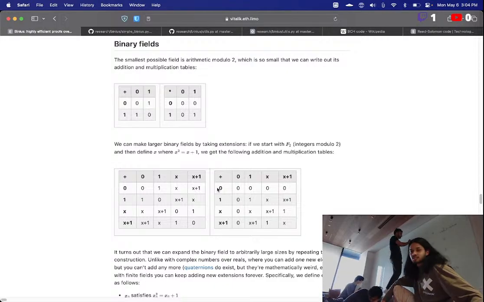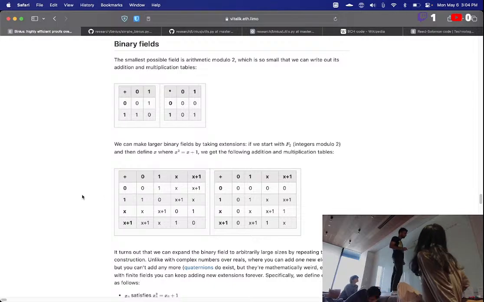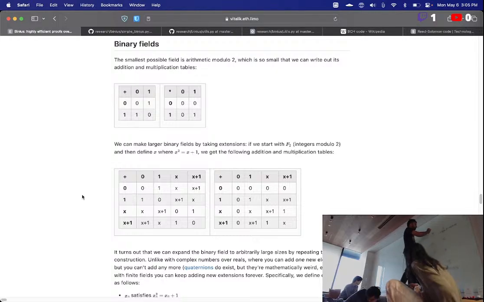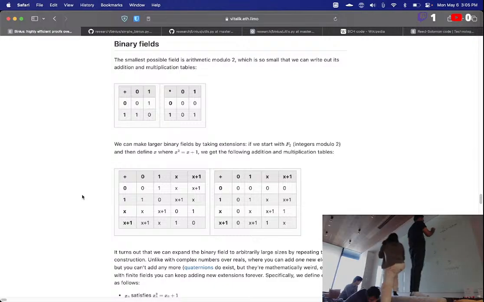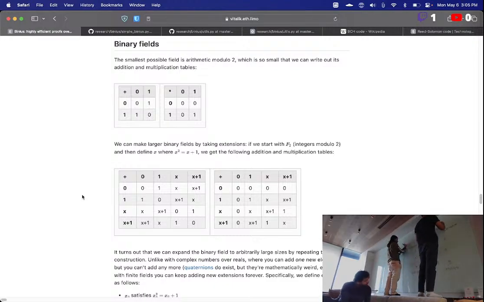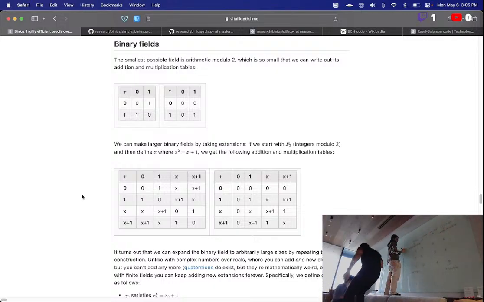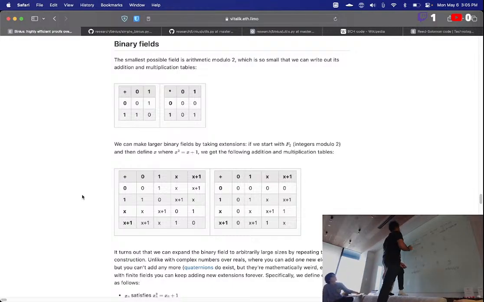So roughly, this is the evaluation at 0, 0, 0 of the polynomial. 0, 0, 1. Oh wait, no, he uses the other one. Let's do this instead. 0, 1, 0, 0. 1, 1, 0, 0. And then you repeat this for the rest of it, essentially.